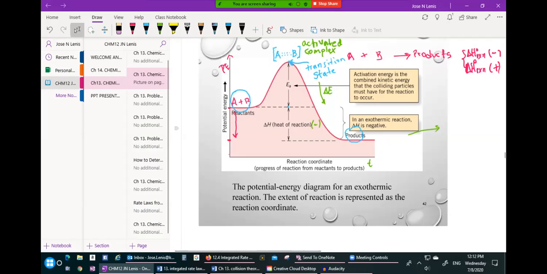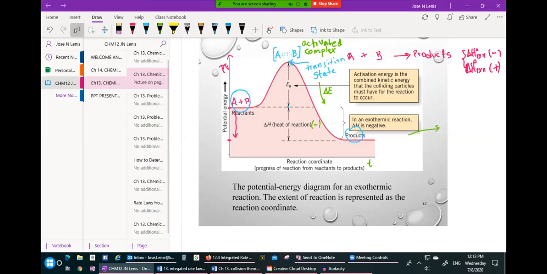The system is releasing energy to the surroundings. And we said this process, this reaction, is an exothermic reaction. Let's analyze what will happen when we have an endothermic process.